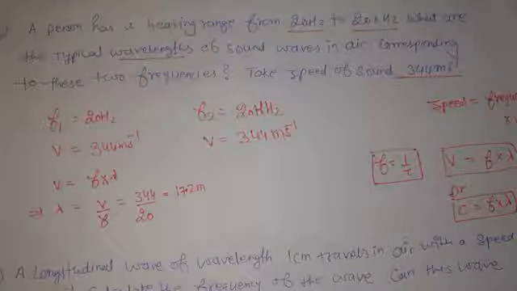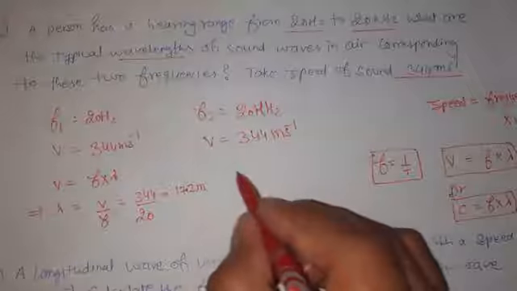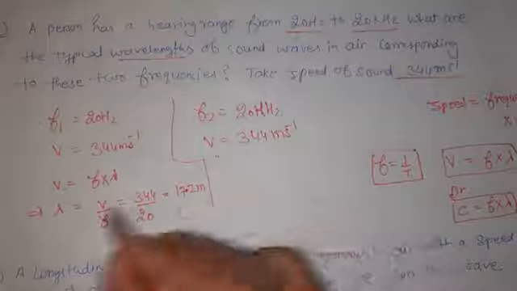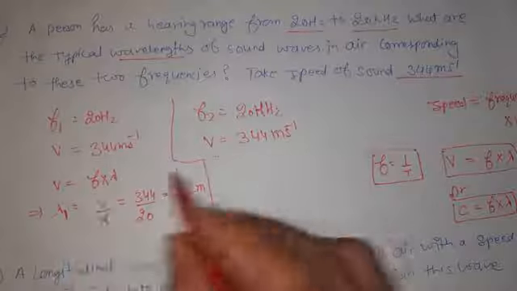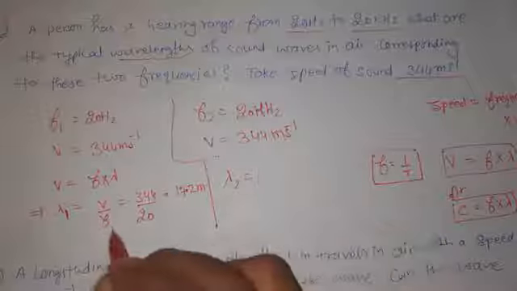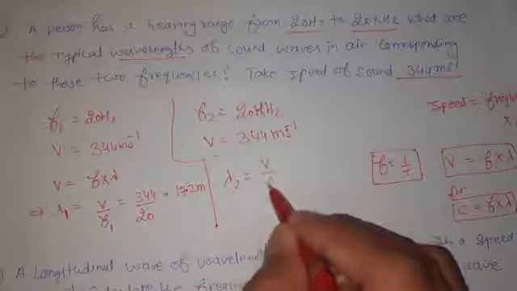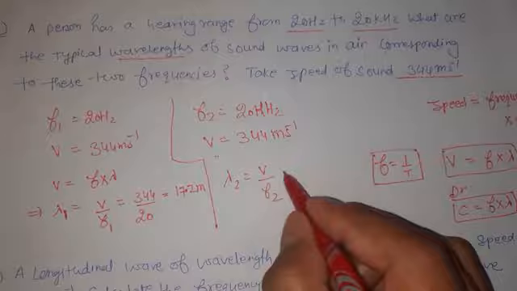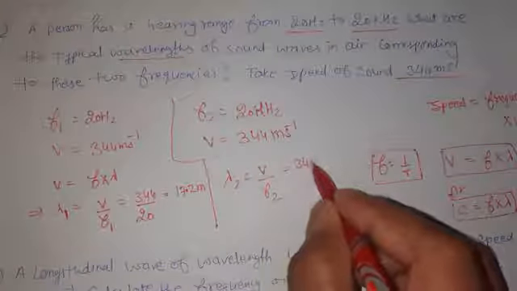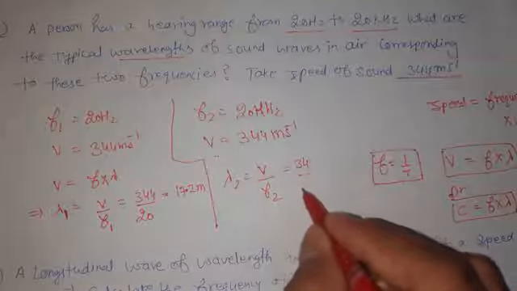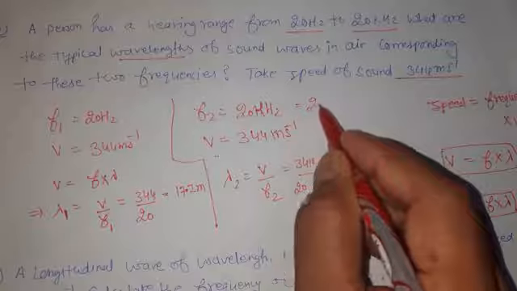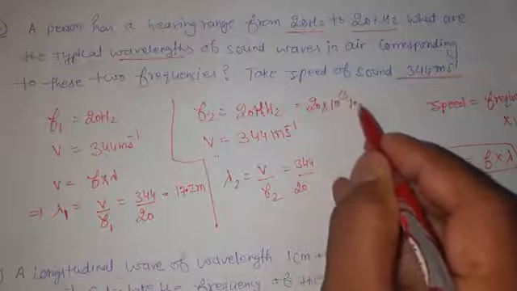This gives 17.2 meters, the first wavelength. For the second wavelength, the frequency is f2, so it is 344 upon 20 kilo. 20 kilo means 10 to the power 3 hertz.